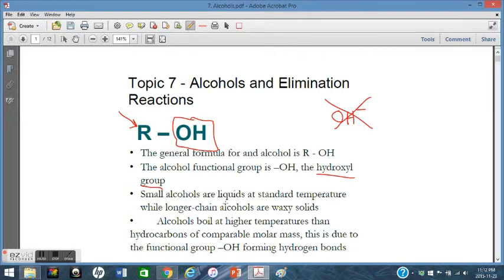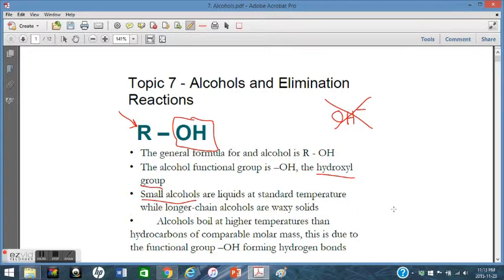Now, small alcohols, in terms of short R chains, short carbon chains, are liquids at standard temperature, at room temperature. Longer chain alcohols will become waxy solids. Alcohols themselves boil at higher temperatures than hydrocarbons that have comparable molar mass.